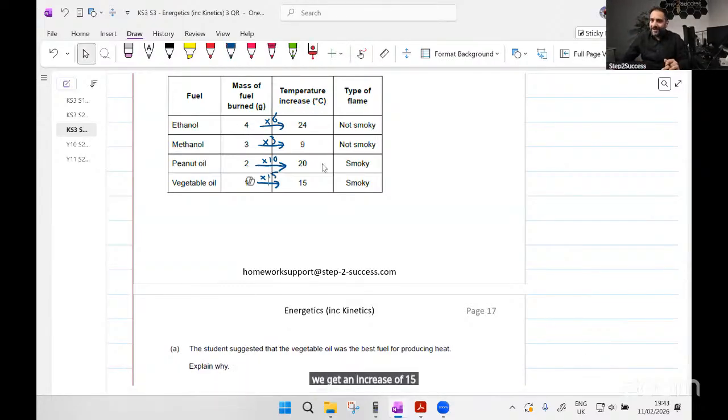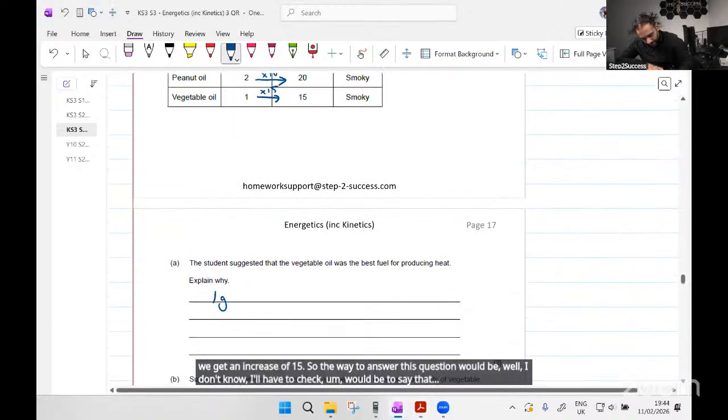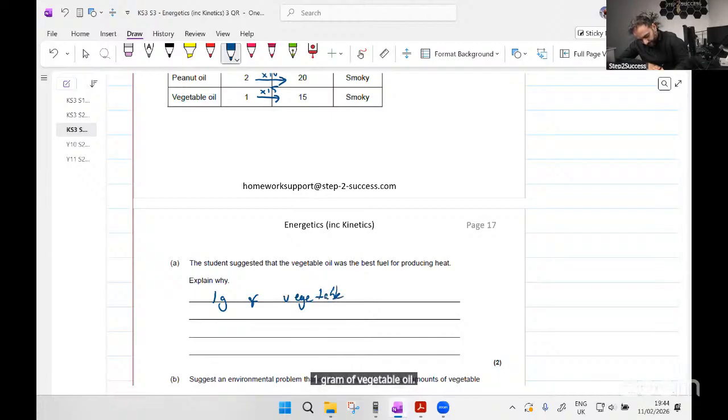So the way to answer this question would be to say that 1 gram of vegetable oil gives a 15 degree C temperature increase. Okay.